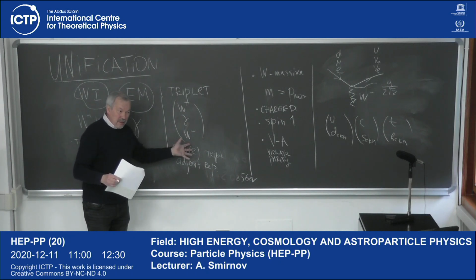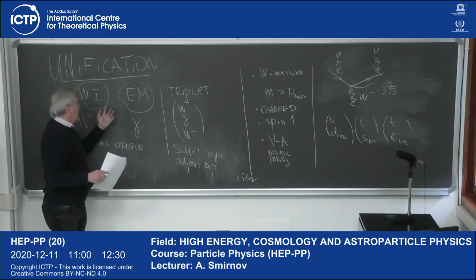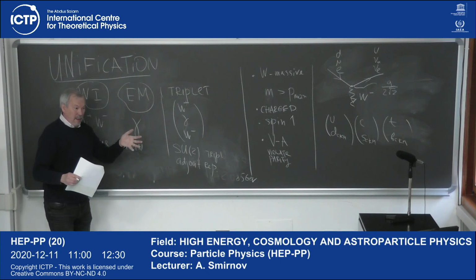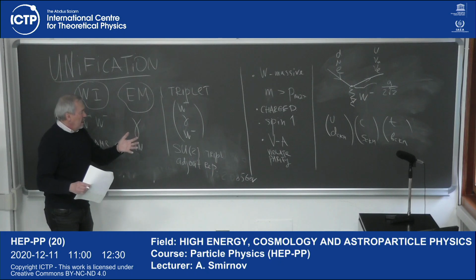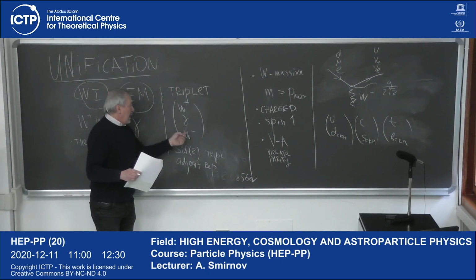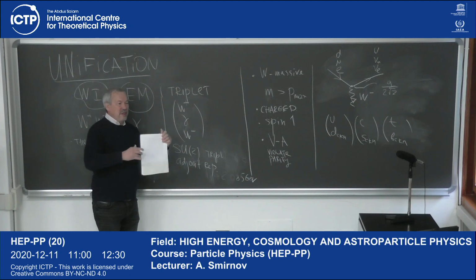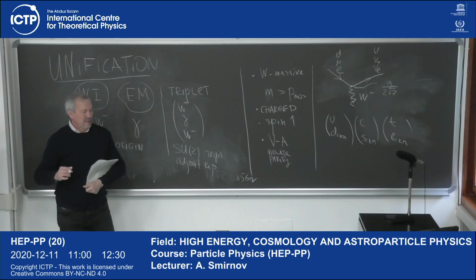Again, what is behind this unification is that the theory of weak and electromagnetic interactions has a certain symmetry, SU2. W plus, gamma and W minus form the triplet, which transforms under the triplet representation of SU2, and the theory is somehow invariant under these transformations.